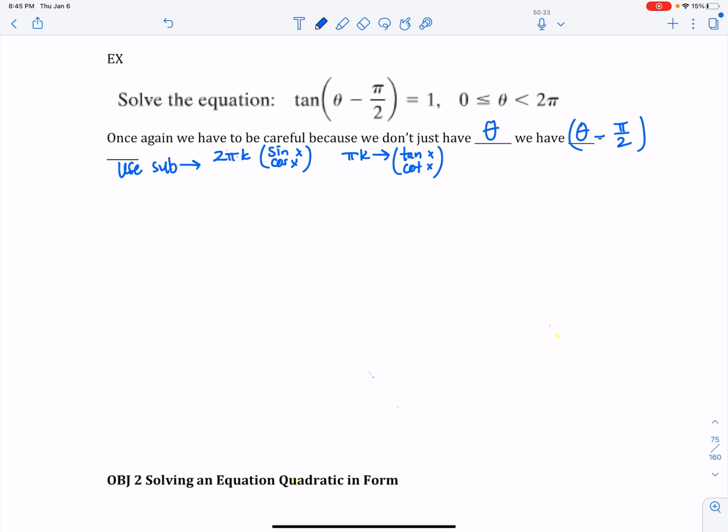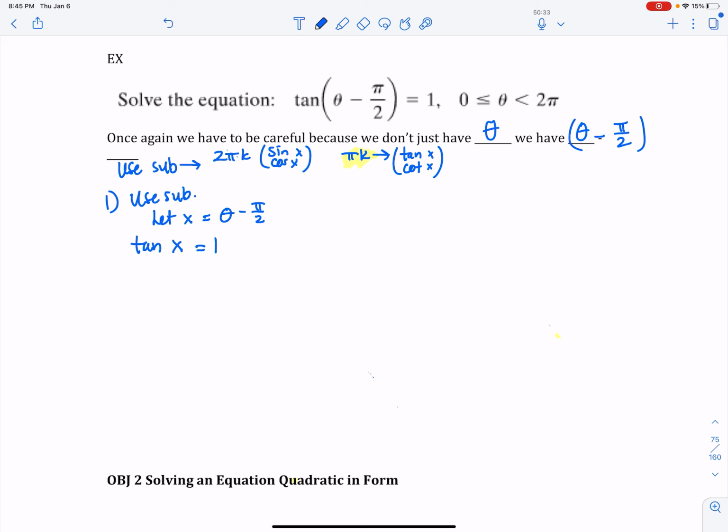And in this case, we're using tangent, so we're going to have to use pi k. So the first step is to use substitution. I'm going to let x equal theta minus pi over 2. The reason I'm using substitution is because I can't solve that without using substitution.